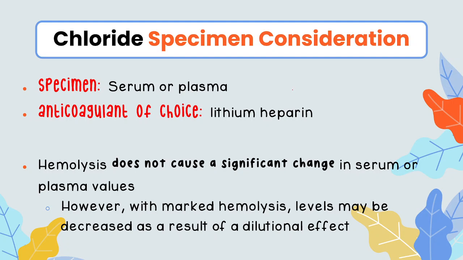Other specimens that can be used for chloride, kids: you can also use a whole blood sample, but that depends on the analyzers that will be used. There are analyzers that will allow you to make use of whole blood samples. In terms of urine, pwede rin po yung urine.